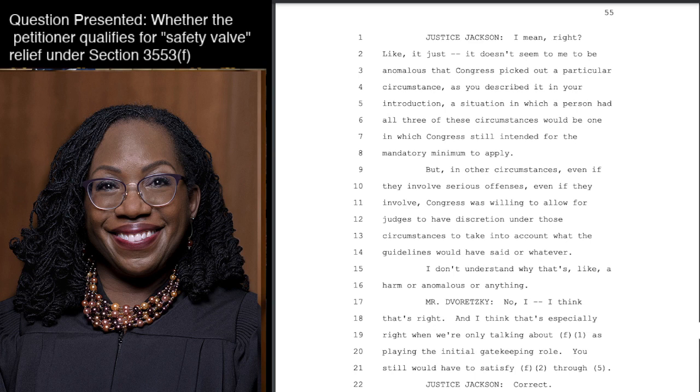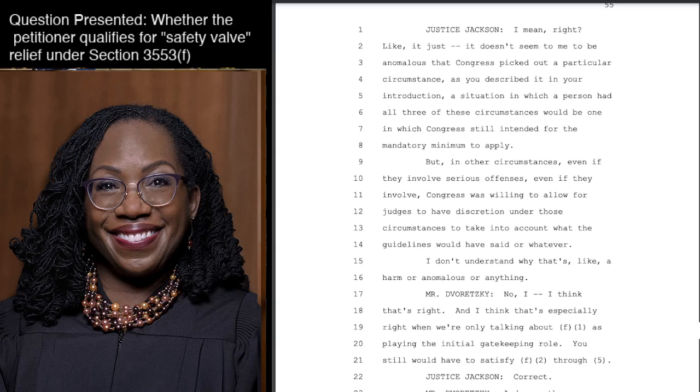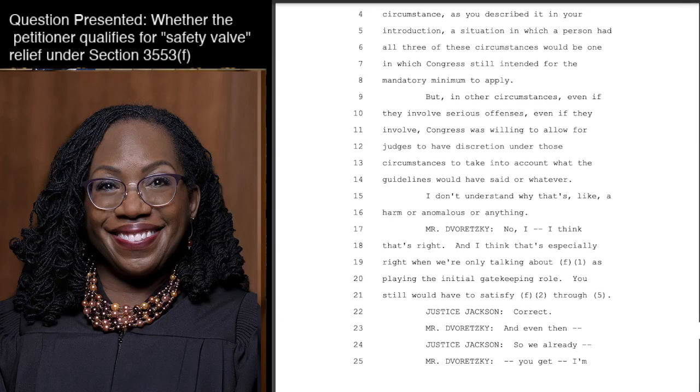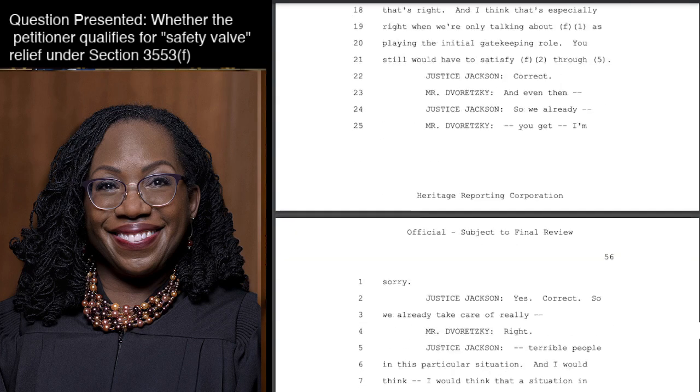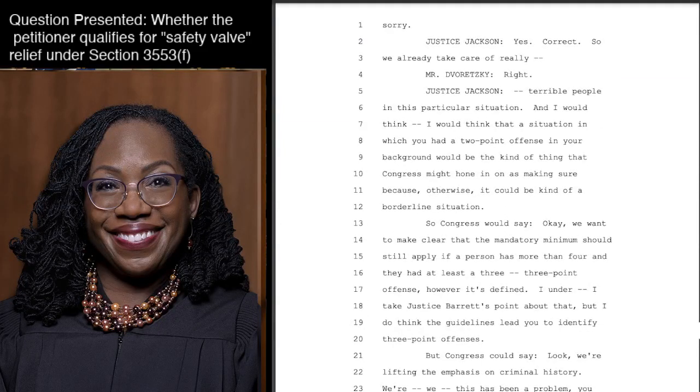I don't understand why that's like a harm or anomalous or anything. No, I think that's right, and I think that's especially right when we're only talking about F1 as playing the initial gatekeeping role. You still would have to satisfy F2 through 5. Correct. So we already take care of really terrible people in this particular situation.